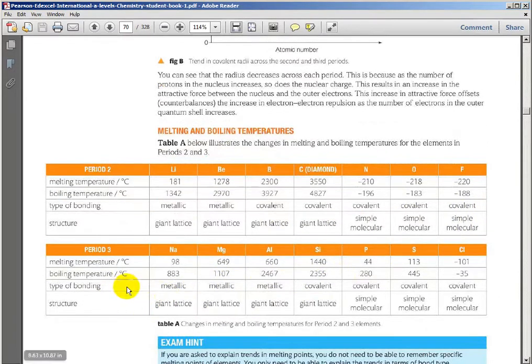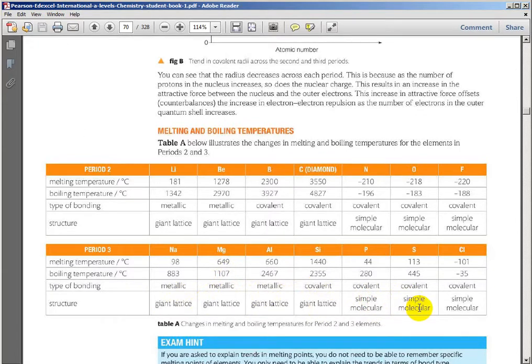Type of bonding in the period 3 elements: sodium, magnesium, aluminum, silicon, phosphorus, sulfur, chlorine. Sodium is metallic, giant lattice. Magnesium, giant lattice. Aluminum, metallic, giant lattice. Silicon, covalent, giant lattice. Phosphorus, sulfur, and chlorine are simple molecular, covalent.